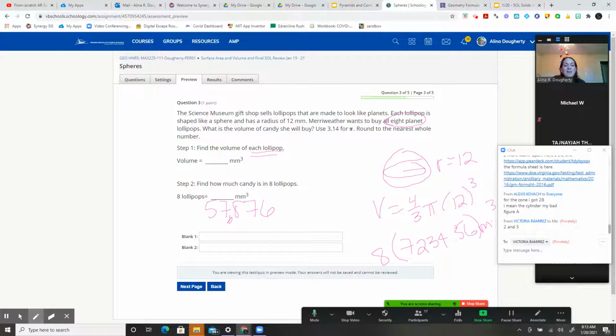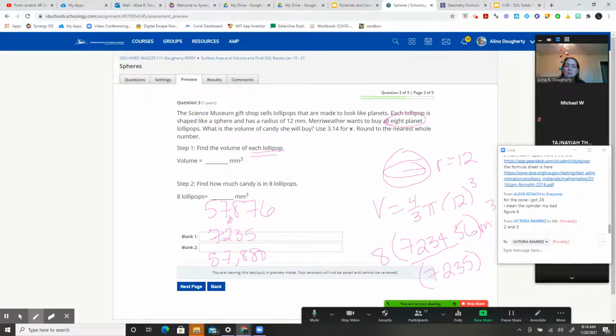And if I rounded this to the nearest whole number, 7,235, then 7,235 times 8 is going to be slightly different. So 7,235 and 57,880 is what I get, millimeters cubed.